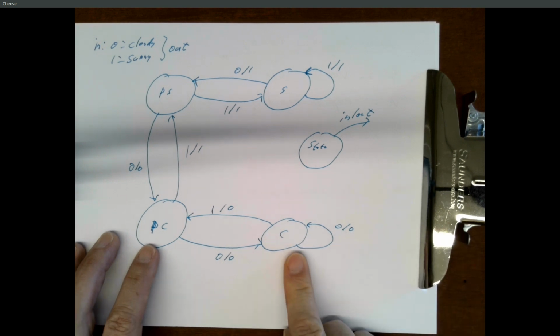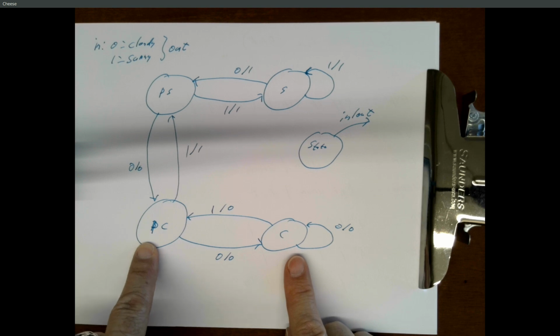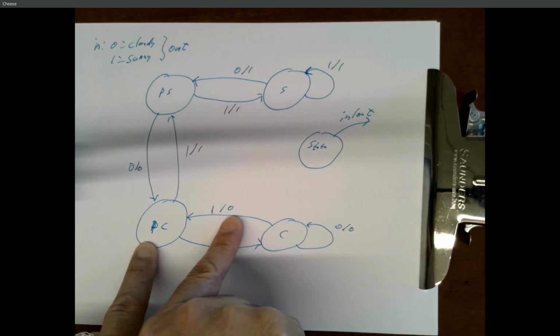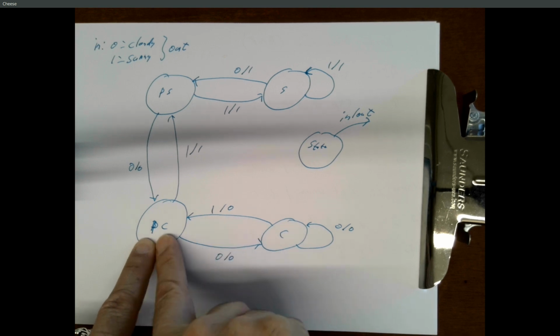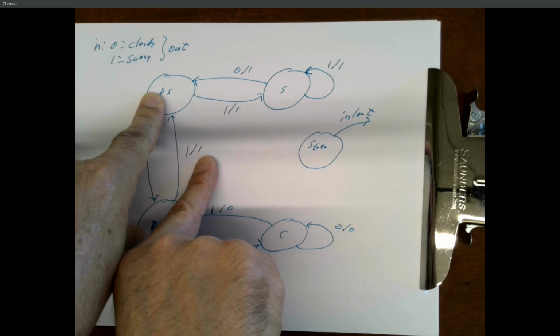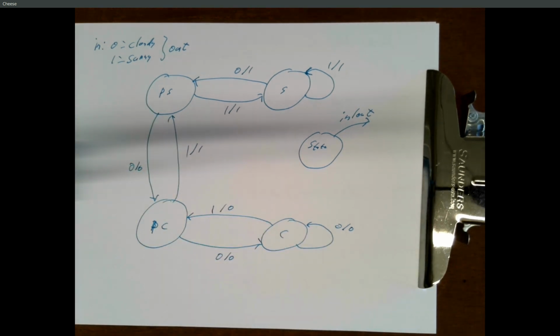If it's been cloudy for 5 days in a row and we hit one sunny day, we'll come over here to note the fact that we had a sunny day, but we'll still predict it's going to be cloudy. If it's sunny again the next day, now we're going to move up here and we're going to output a 1 saying, okay, it's probably going to be sunny tomorrow. It takes 2 sunny days in a row to change our prediction. It takes 2 cloudy days in a row to change our prediction.